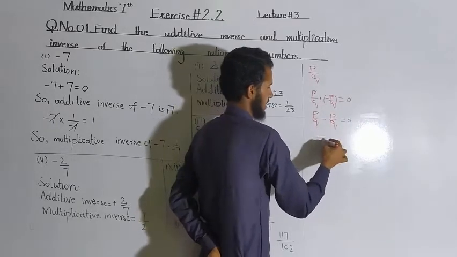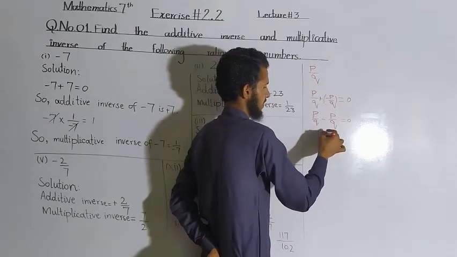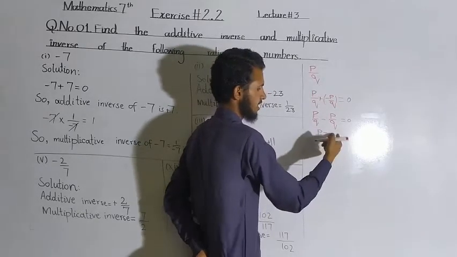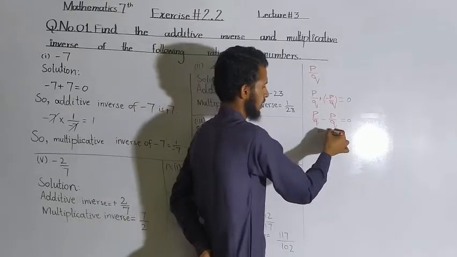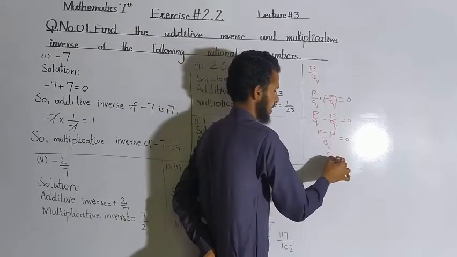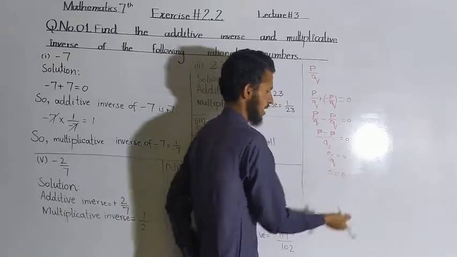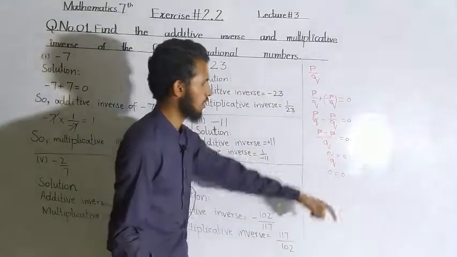Now the LCM will be q. q cancels with q, p minus p, and the answer comes 0. 0 by q is equal to 0.